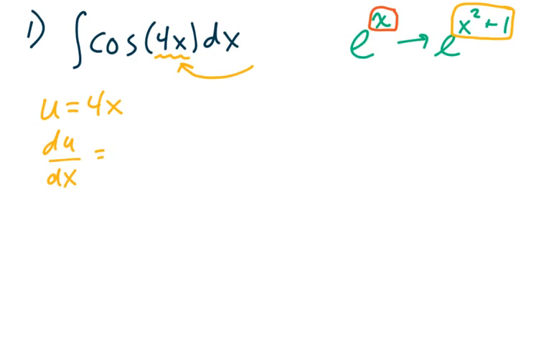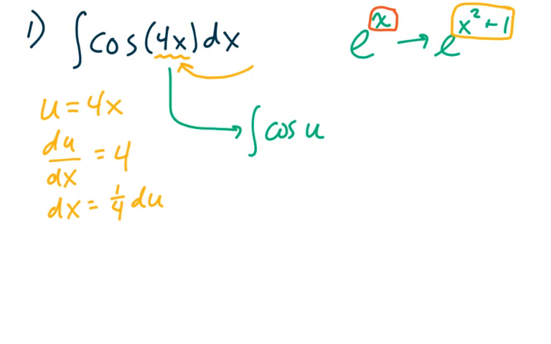All right, let's do the same steps as before. Hopefully this is getting better now, folks. Okay, so there we go. Now we're ready to just substitute everything back in. This becomes the integral of the cosine of u, because u is 4x, times dx, and dx is 1/4 of du. Looks like all the x's have disappeared, which is great. And again, I can take that 1/4 and toss it in the front.